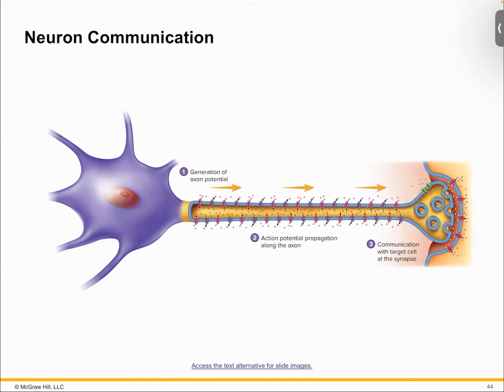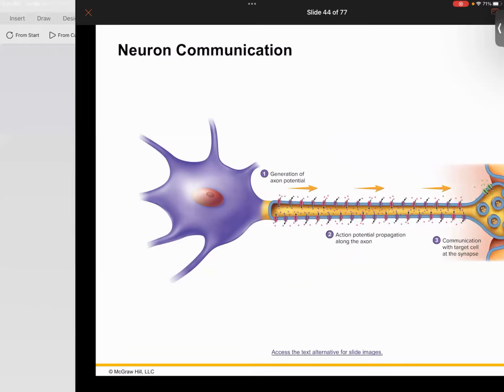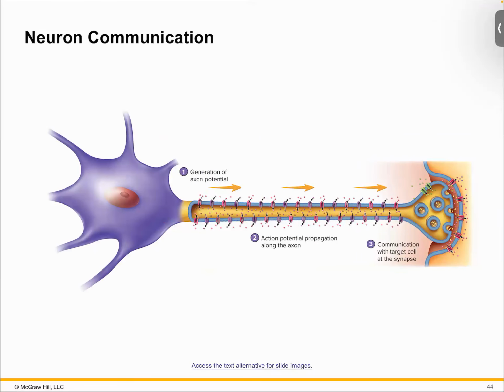So here's your communication. Here you can see you've got your resting membrane potential set up by your axon. Your axon is riddled with tons of leak channels. You can see you've got sodium leak channels and potassium leak channels, all along your axon.